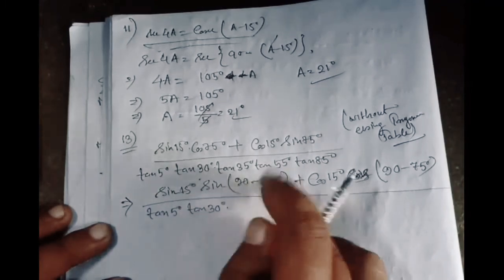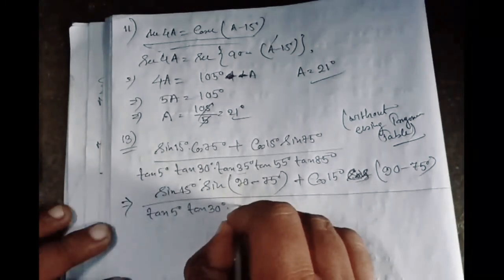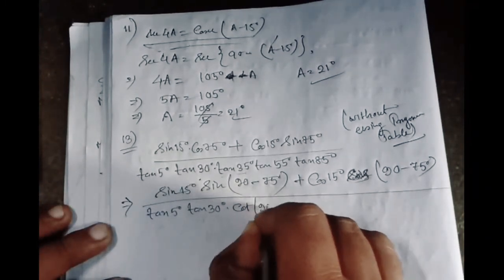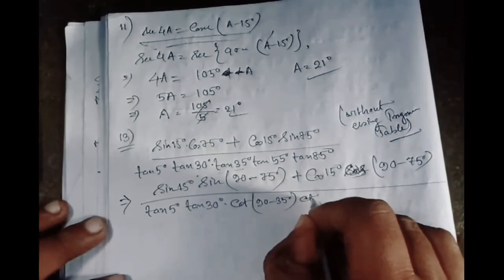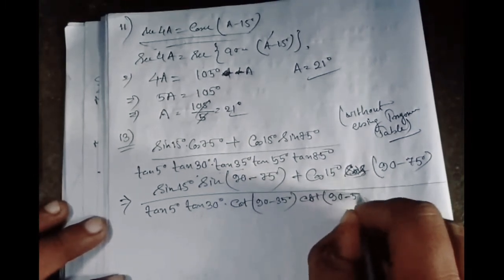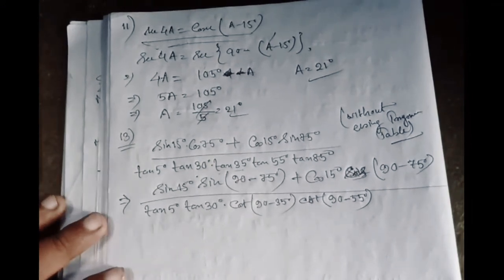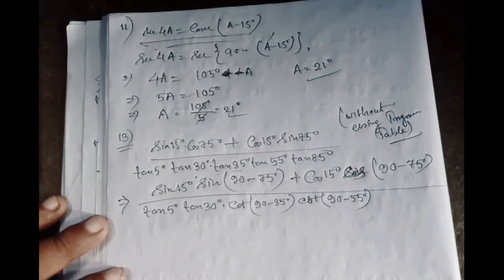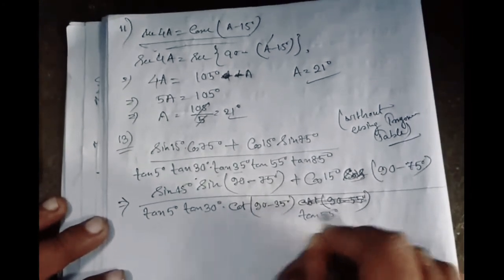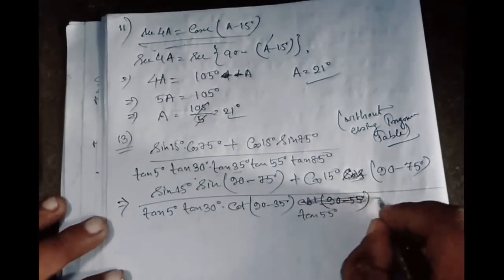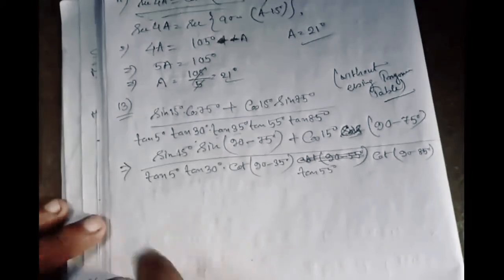Next, tan 35 degree means cot of 90 minus 35 degree. Now tan 55 degree stays the same. Tan 85 degree means cot of 90 minus 85 degree.